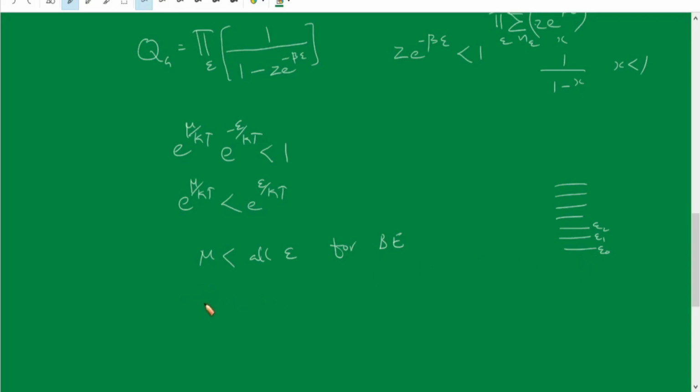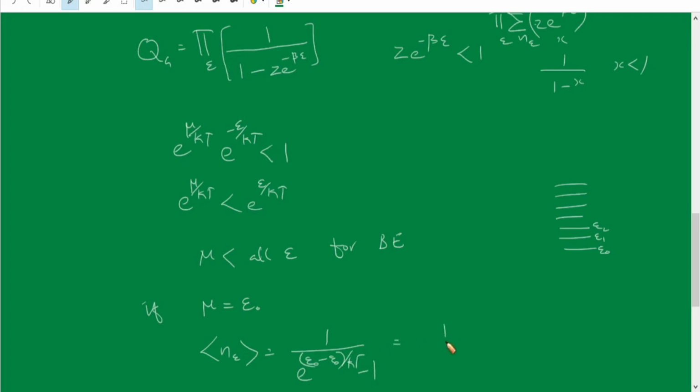Now, if the chemical potential is equal to the lowest energy level E0, then we can write the mean occupation number Ne as 1 divided by e raised to E0 minus E0 divided by kT, minus 1. So what happens?